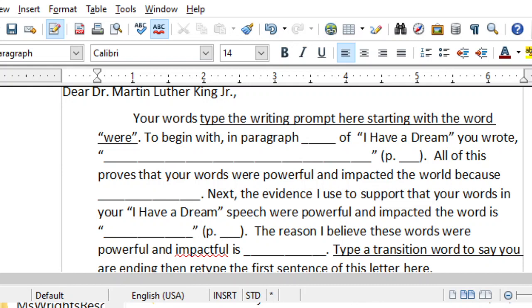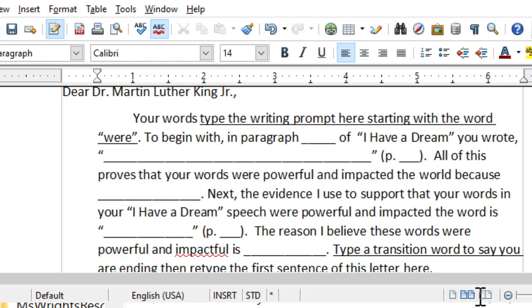Put the page number here, and you're going to give a reason why you think the sentence you put right here was powerful and impacted the world. So the reason I believe these words were powerful and impactful is, and then give a reason. Let me see, why is this showing up? Okay, I don't want to change that. So remember, I need two different sentences.